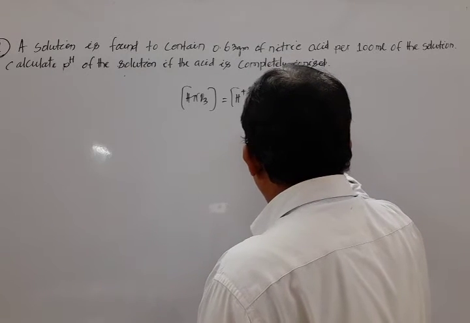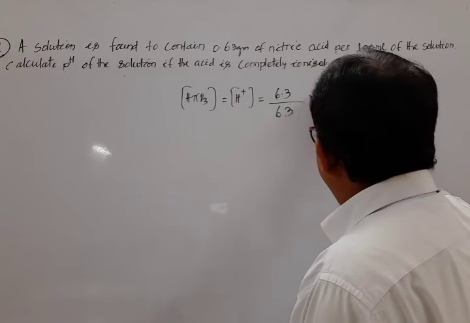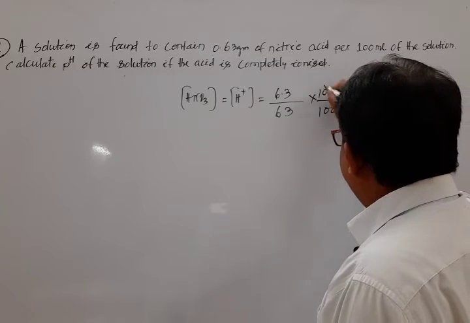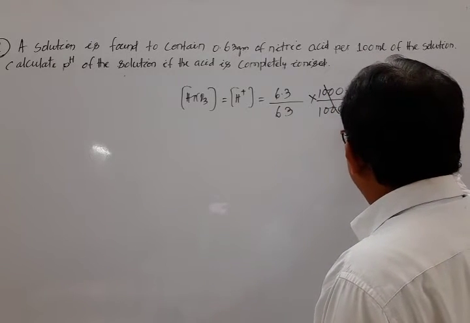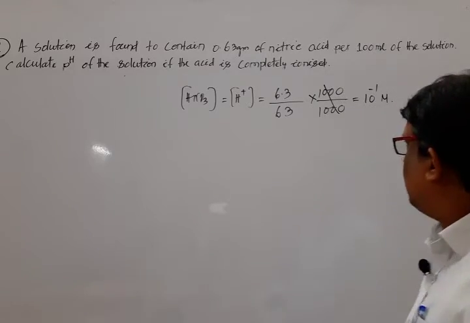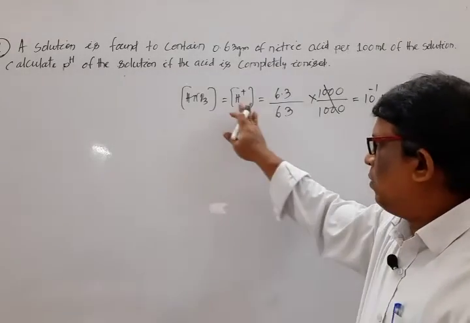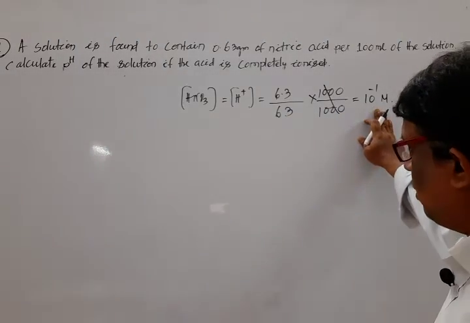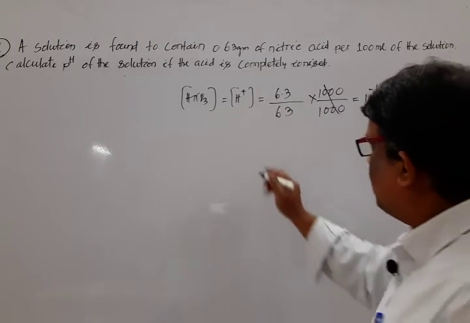by molecular mass 63 into 1000 by volume given 1000, cancel out, which is equal to 10 to the power minus 1 M. So HNO3 means H plus ion concentration is 10 to the power minus 1. Then calculate pH of the solution.